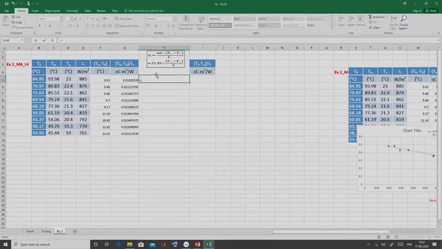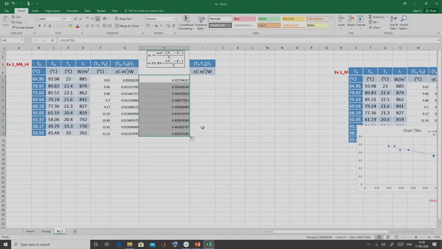So, here what happens, we can straight away calculate this value. So, this 31.93 we have star or multiply by this part. Okay. So, we can give enter and it will be the efficiency values, not in the percentage, okay, in the fraction. And here also we can calculate.